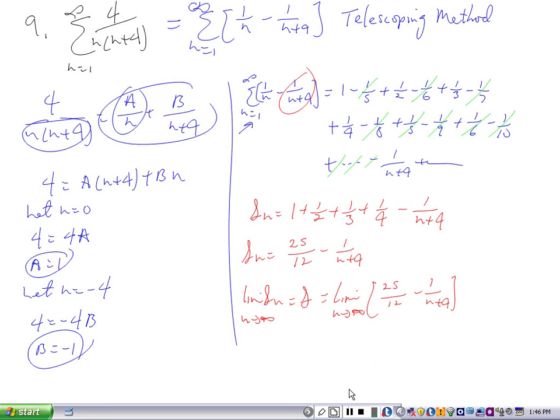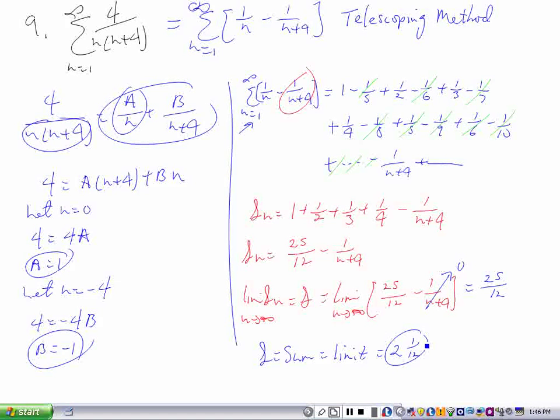As n goes to infinity, 1 over n plus 4 goes to 0. I'm left with just a constant, 25 over 12. So s, that means the sum, which is also the limit, is equal to 2 1/12.